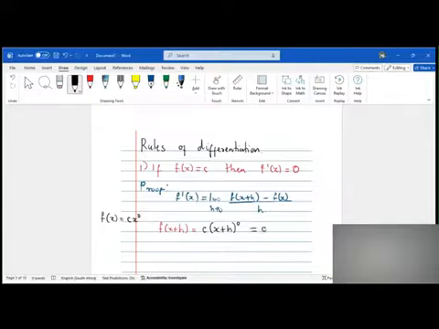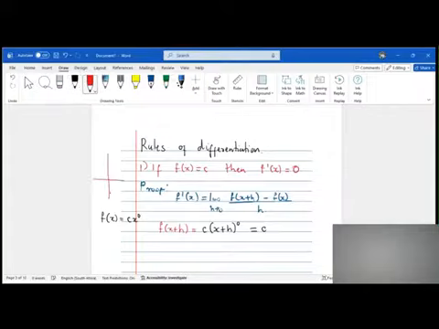The y value at x plus h will just be that constant, because this is a constant function. So it looks something like this. I have my y here, I have my x here.